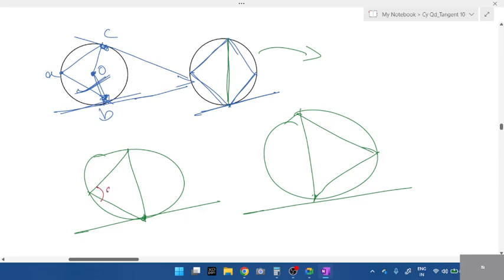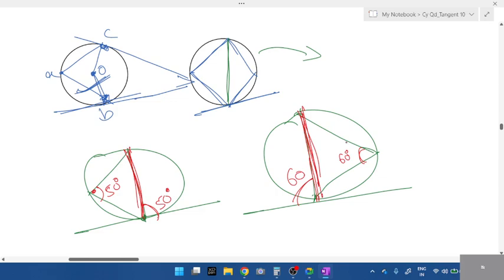So here, if I take 50 degrees, apart from this red line, the other angle will be equal, 50, by the alternate segment theorem. Next, look at this straight line which is touching the tangent. If I write 60 degrees here, apart from this red line, the other angle opposite to this will be 60.